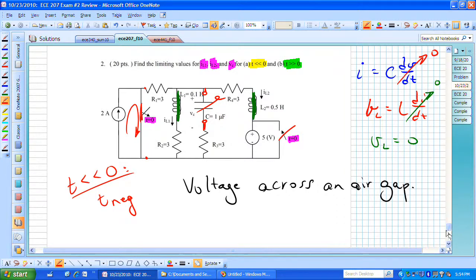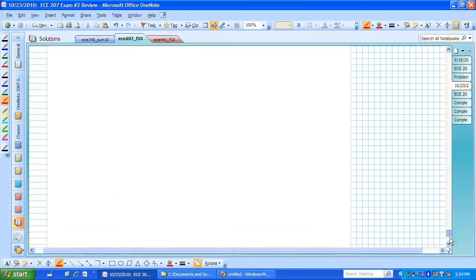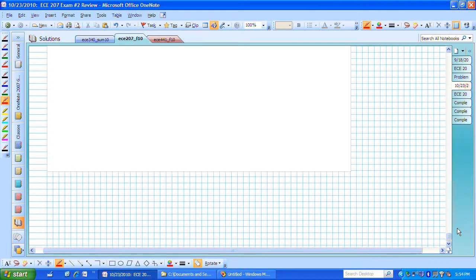Under those conditions, with these switches in the fashion that they are in for t less than 0, let's redraw the circuit, and we now have this 3 ohm resistor shorted to ground. The original 3 ohm with the inductor is now replaced with the short circuit.